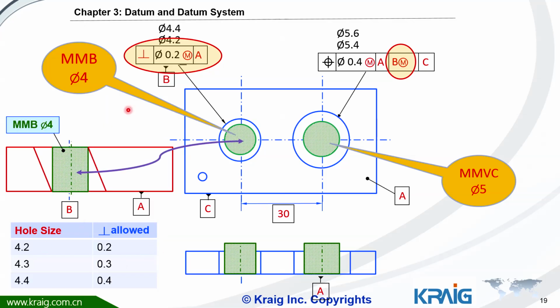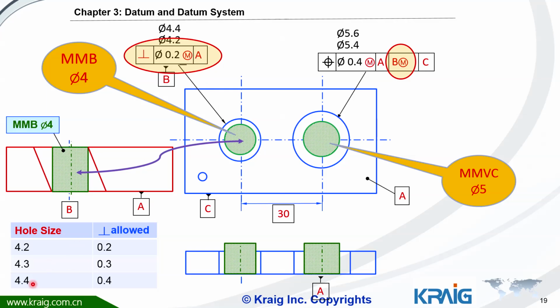If the hole size is 4.2, the first one, the position will be allowed 0.2, no bonus. If the diameter is 4.3, then there's a 0.1 bonus. So the total perpendicularity will be 0.3, right? Because there's a bonus here, you see?